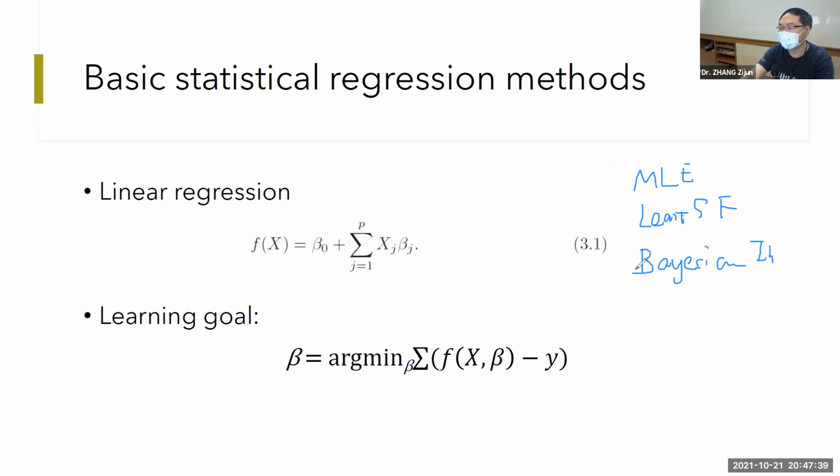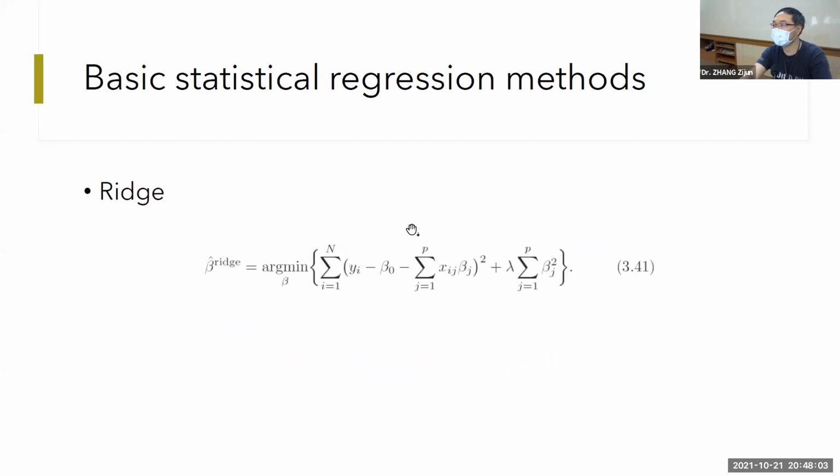The Bayesian inference idea is close to MLE, okay. And if you are a machine learning person, that must be gradient descent, okay. So these are the four strategies to fit a linear regression model. Nowadays, people all use GD, gradient descent, okay.